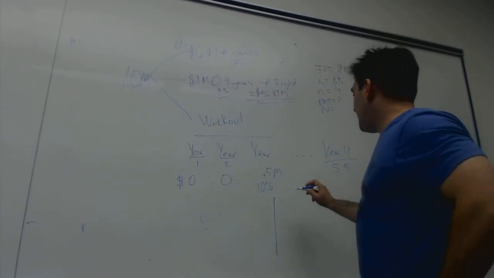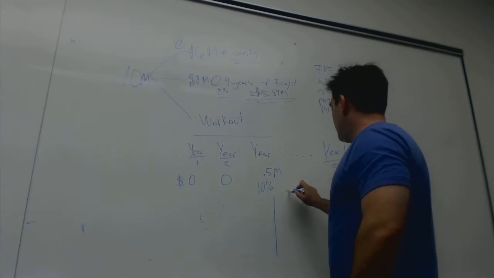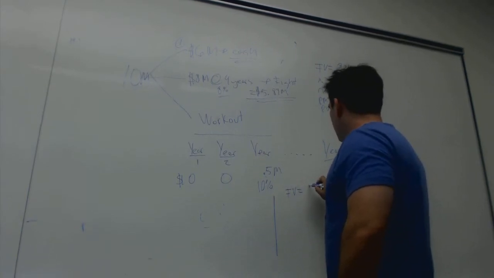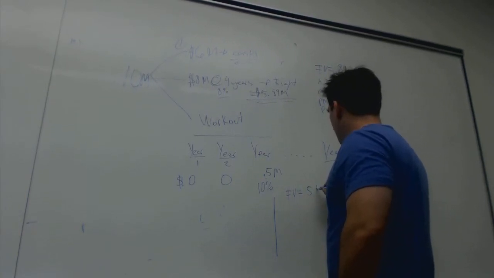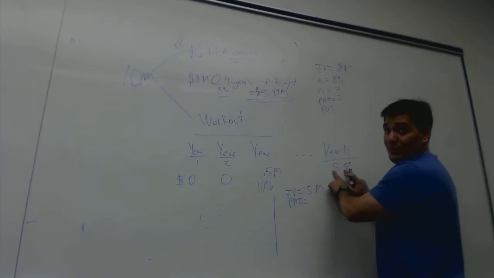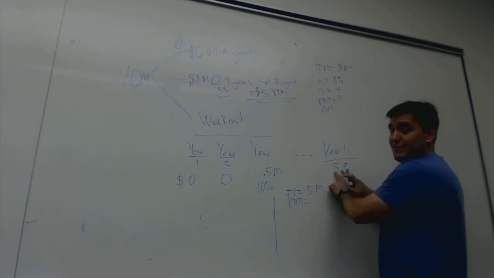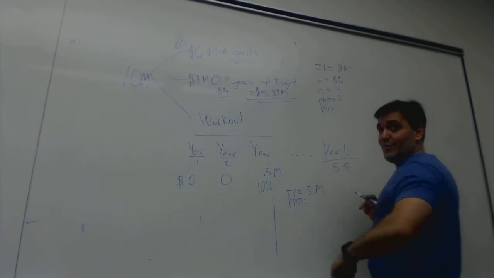And if we do it that way, future value is going to be equal to 5 million. Payments: here I'm dividing the payments from the future value, right? Because this is 5 plus 0.5 of payment.